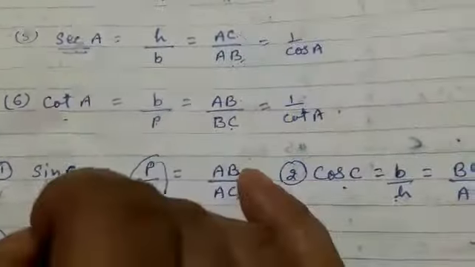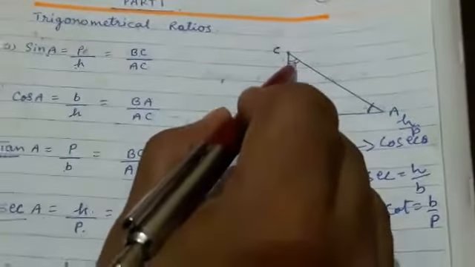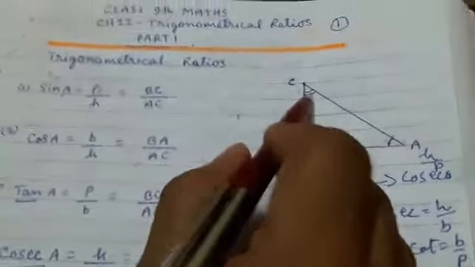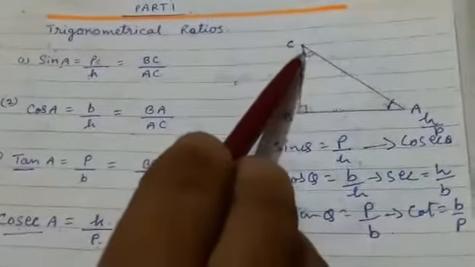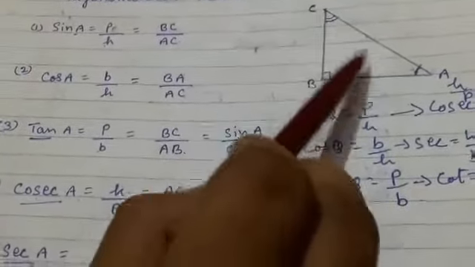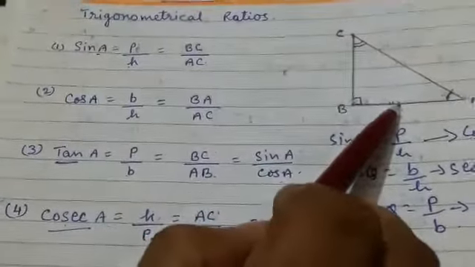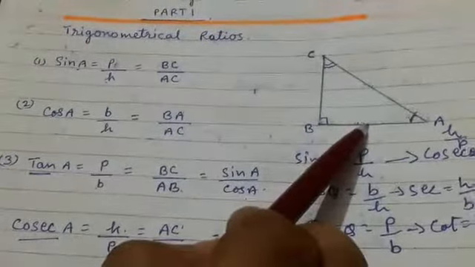Now sine C. Sine C means now we are talking according to this angle. Again sine is equal to perpendicular upon hypotenuse. So which will be perpendicular? This time perpendicular will be AB, because the side opposite to the given angle will become the perpendicular. So opposite of this C is AB, so AB will be perpendicular.